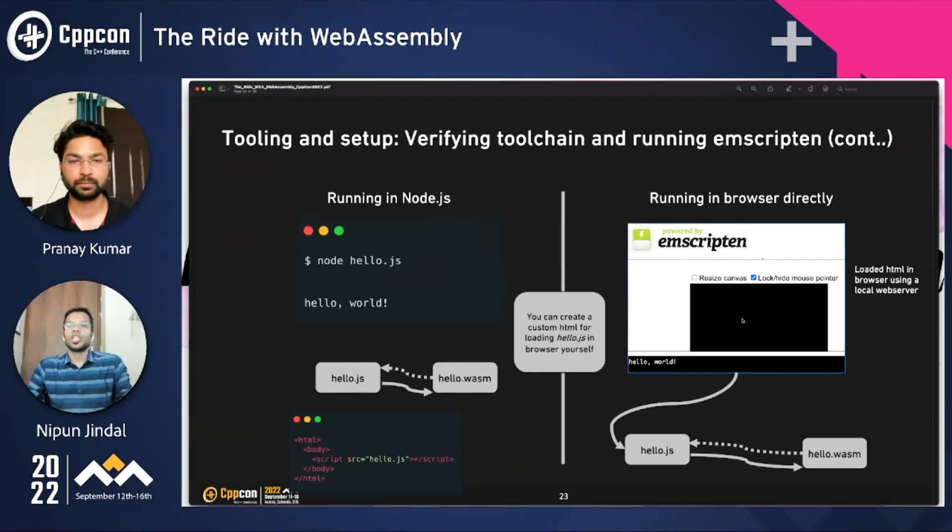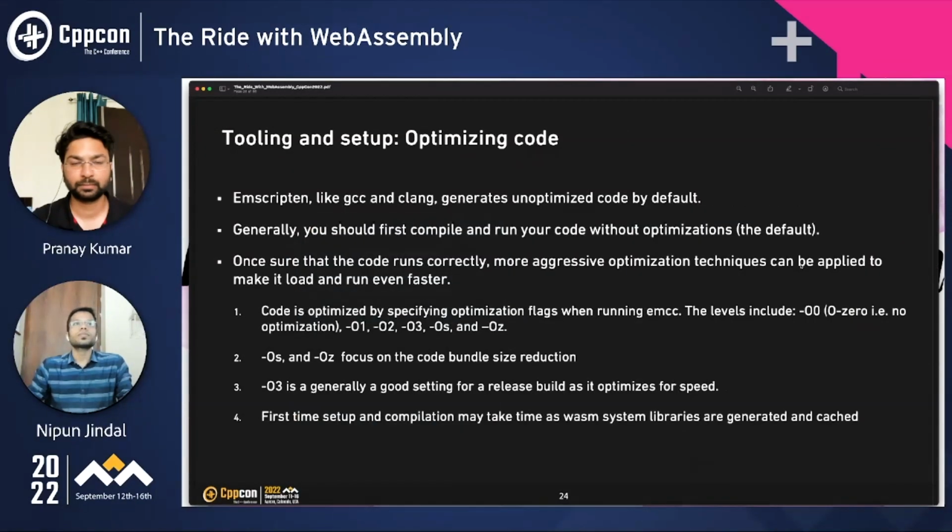Or you can directly run the HTML created by -o hello.html directly in your browser, and that should automatically load the hello.js, and hello.js will load the WASM. So that's the chaining that happens, and that's how you can create the output from the compiler.